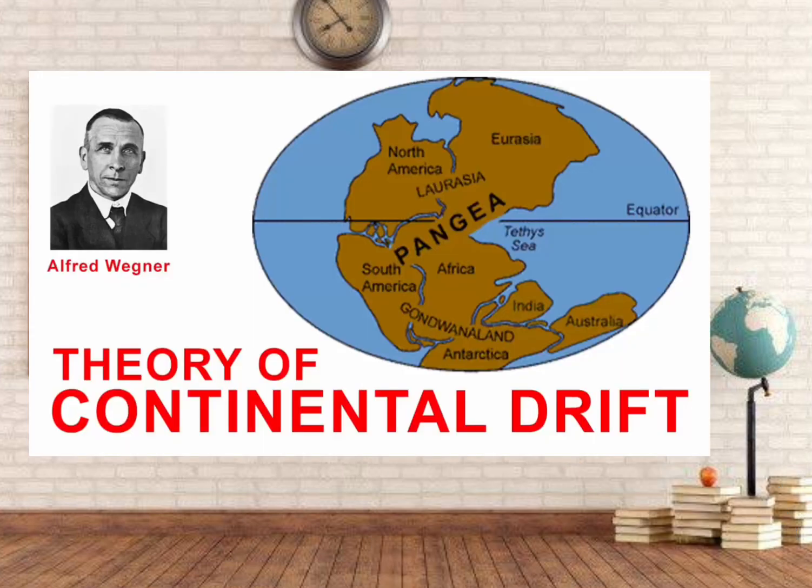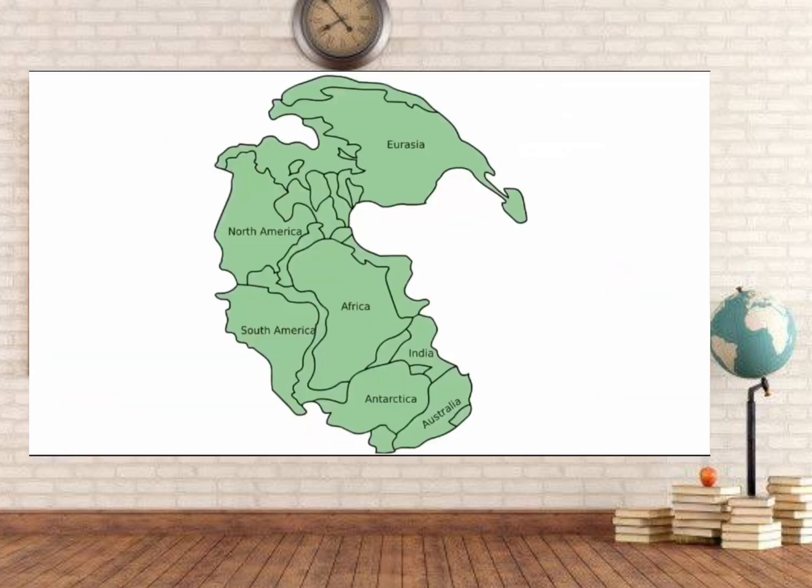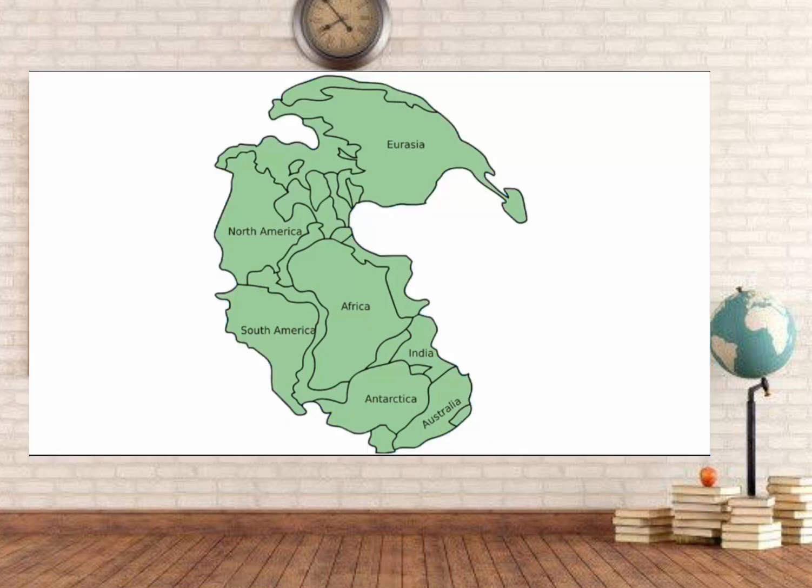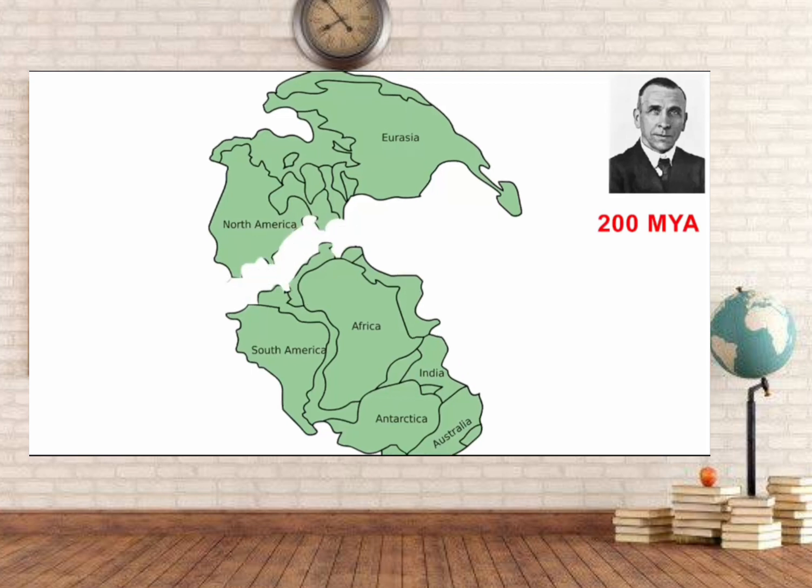We'll try to understand what Alfred Wegener's theory of continental drift means. According to Wegener, all the continents formed a single continental mass. This supercontinent was named Pangaea, which meant all Earth. Then a mega ocean surrounded this single continental mass, and this mega ocean was called Panthalassa, meaning all water. Alfred argued that around 200 million years ago, the supercontinent Pangaea began to split.